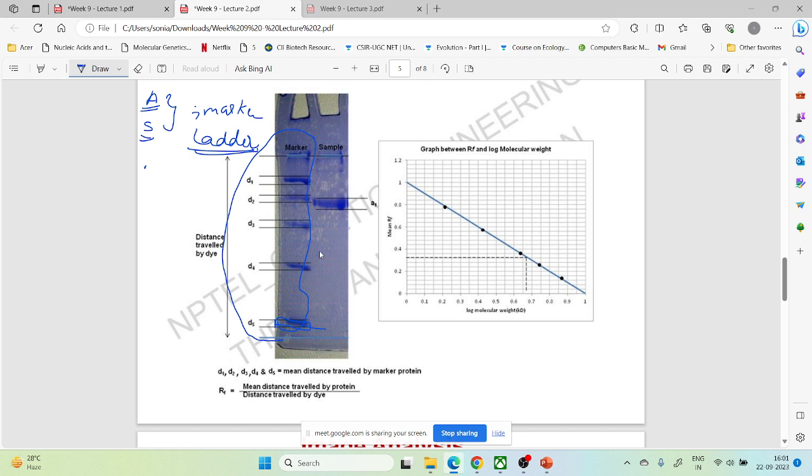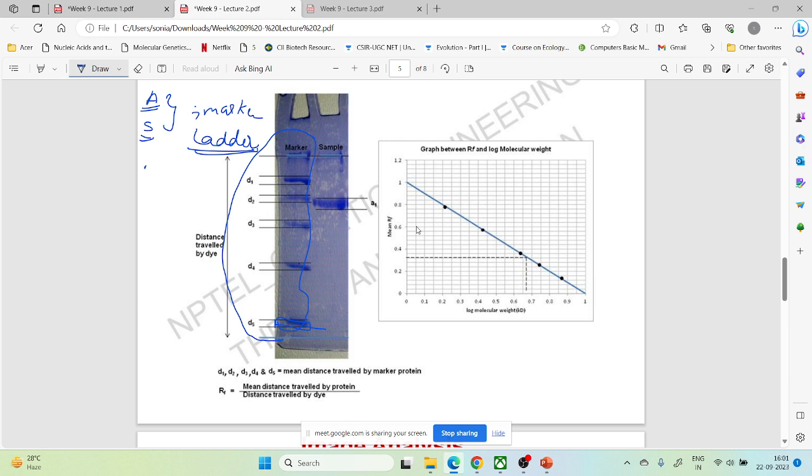It's just like when you do a spectrophotometric technique or any kind of technique, first you have some standards. You run your standards and make a curve or a line, and then you run your unknown sample. On the basis of where your unknown sample has come, you compare it with the standards you have already run, and then you calculate the molecular weight.